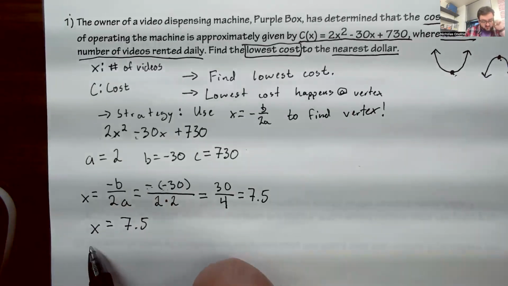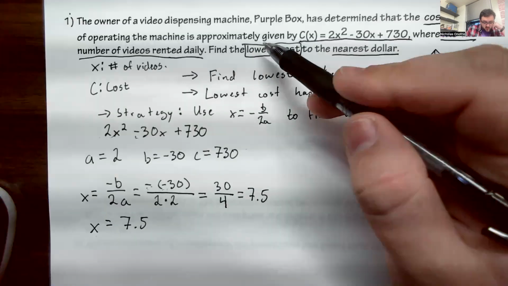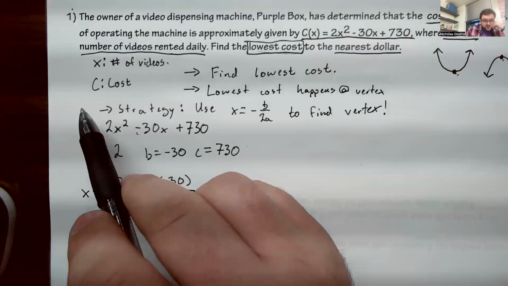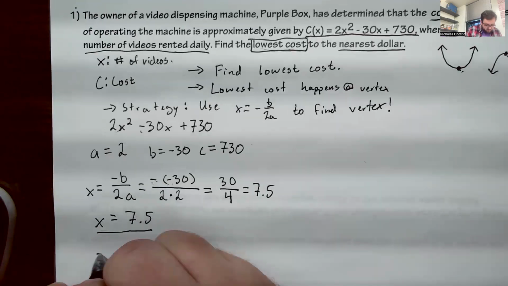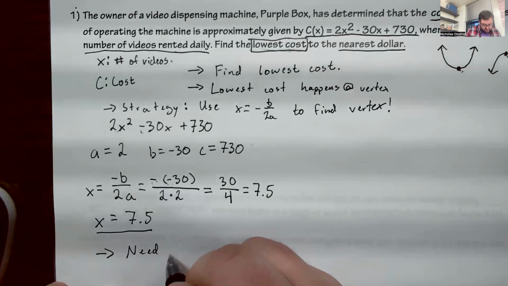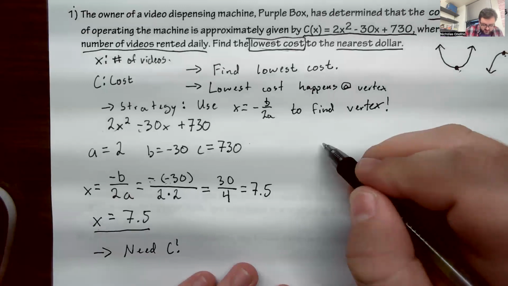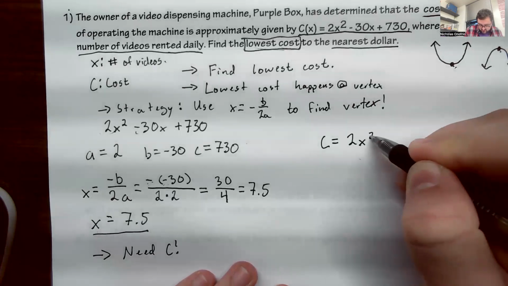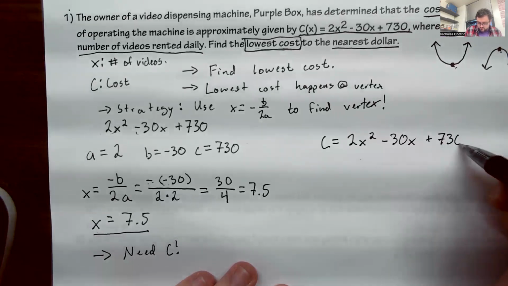Looking back, what does X represent for us? X represents the number of videos. However, we are looking for cost. So we need to do some extra steps. We have X, but we need C. Luckily for us, we had an equation for C, big C. C equals 2x squared minus 30x plus 730.